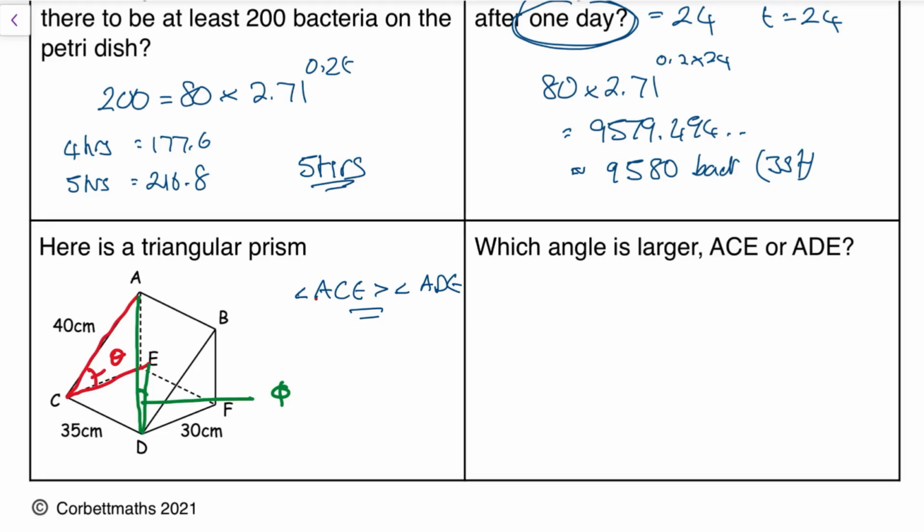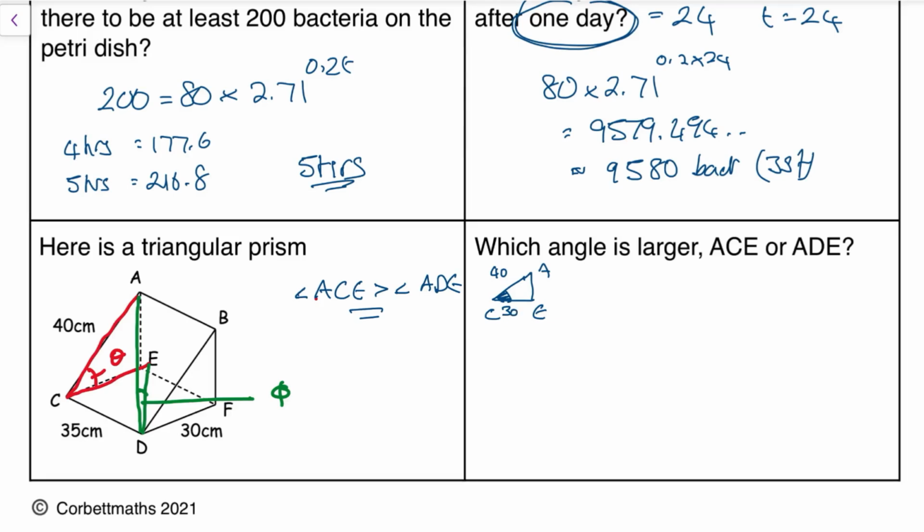Let's now prove it. So to work out angle ACE, well, that's not too bad at all, is it? ACE is going to be this angle here. Now I know my hypotenuse is 40 and I know my adjacent is 30.